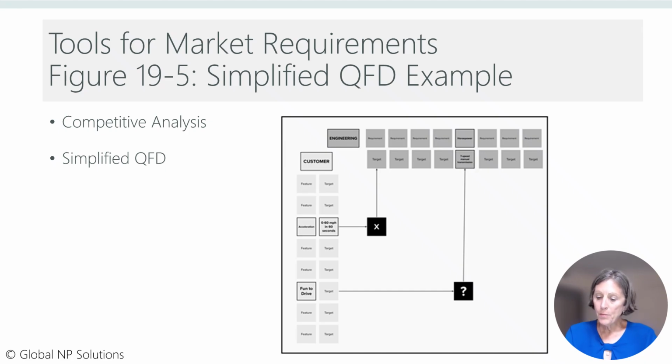In another example, potential end users have indicated that they want a car that is fun to drive. The team at this point has not yet identified a target level to define fun to drive. An engineering specification for a 7-speed manual transmission is suggested as a target to meet the feature requirement.